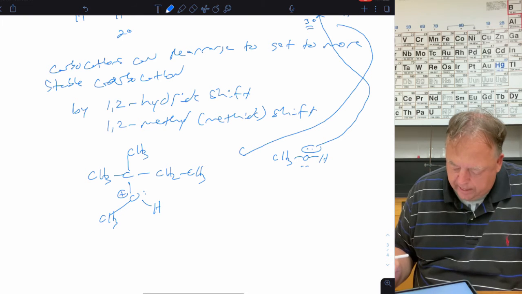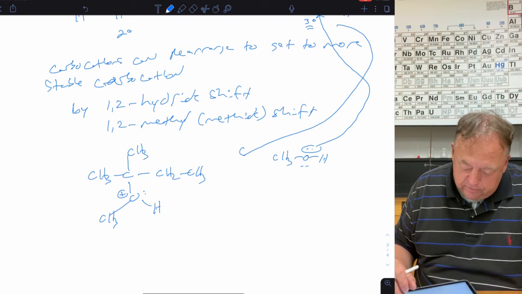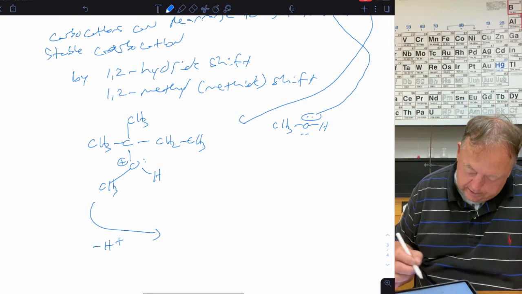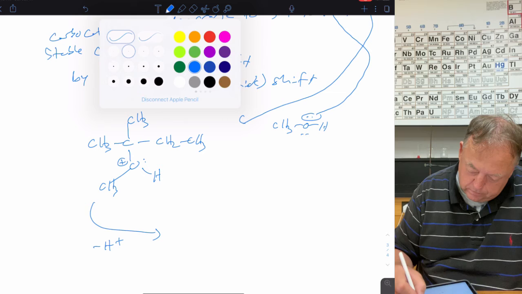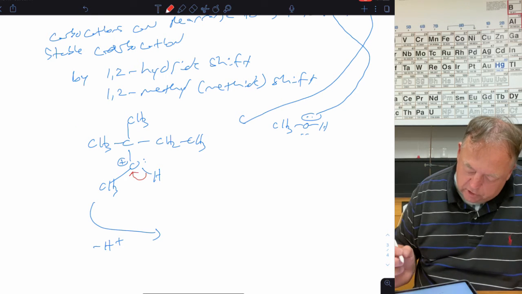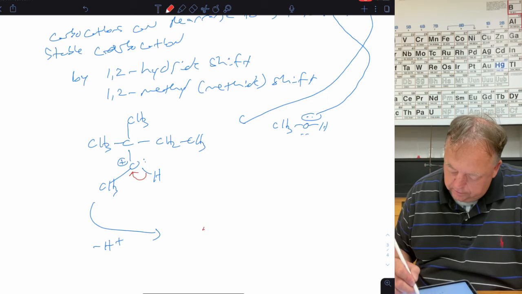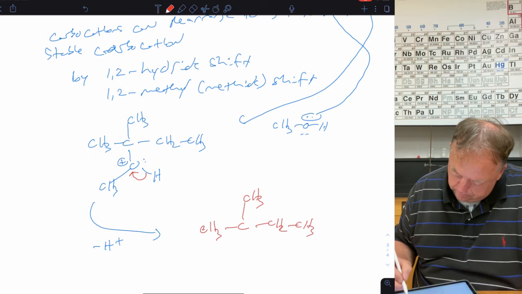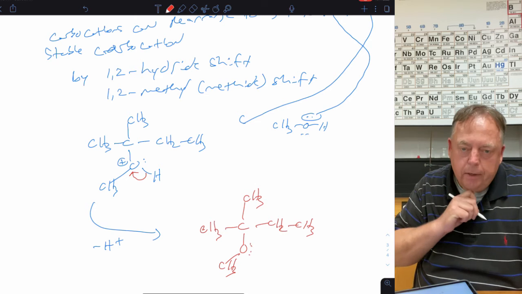And now the oxygen of the alcohol has a positive charge, and then the last step in the mechanism is to lose a hydrogen. So the 2 electrons in the OH bond become a lone pair of electrons on carbon. And now that oxygen has 2 lone pairs.